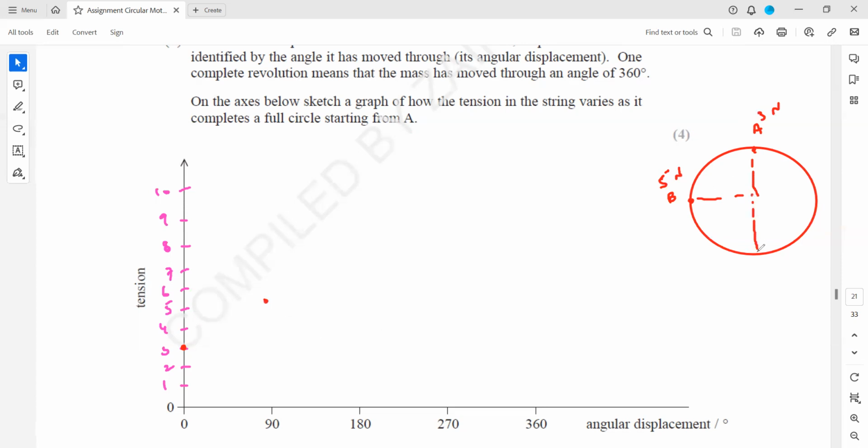Then when it is on the opposite side, at position C, the change in angle is 180 degrees and the tension should be 7. When it is at position D, again the tension will be 5. And at 360 degrees, when it returned back, the tension will be 3 again.